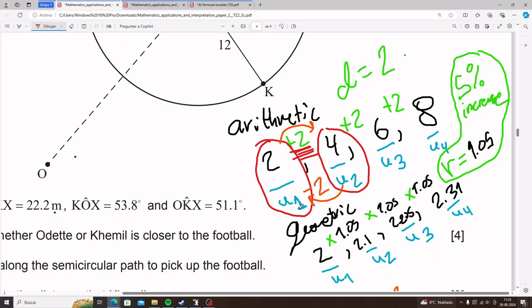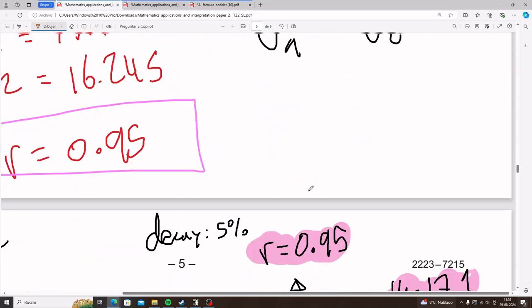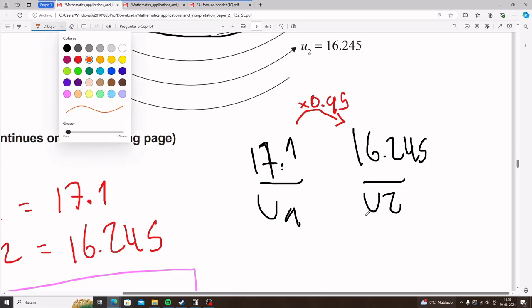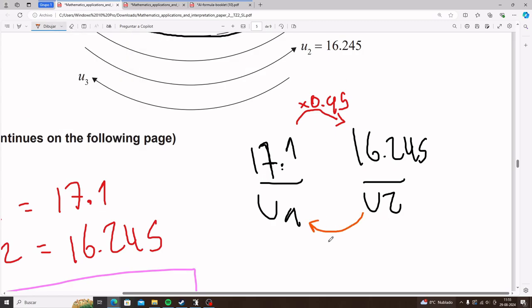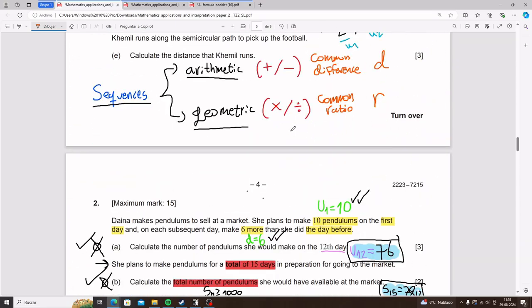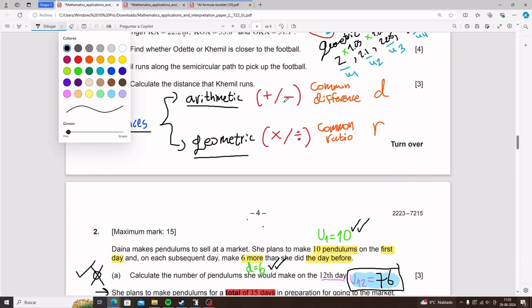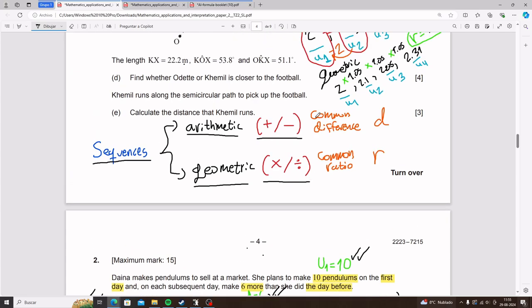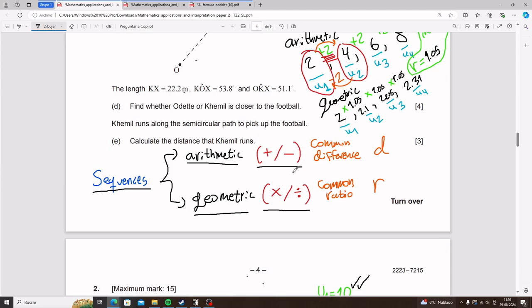Makes sense, right? Well, for geometric, it's no difference. If we're going forwards, you did times 0.95. If you want to go backwards, you just gotta divide by 0.95. So this guy online, when he told you earlier, you need to associate arithmetic to plus and minus and geometric to times and dividing. It helps you to do these sort of connections.